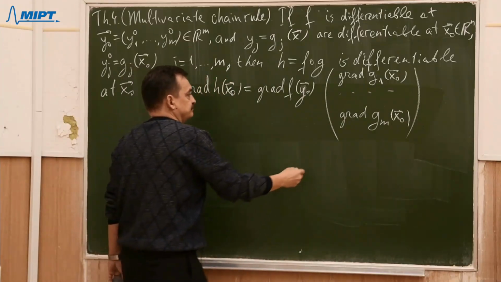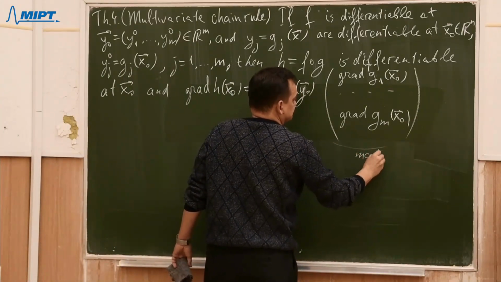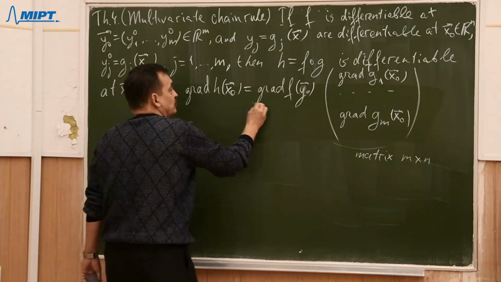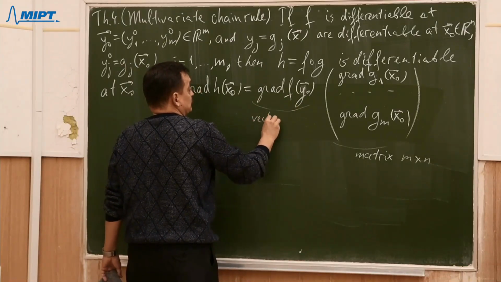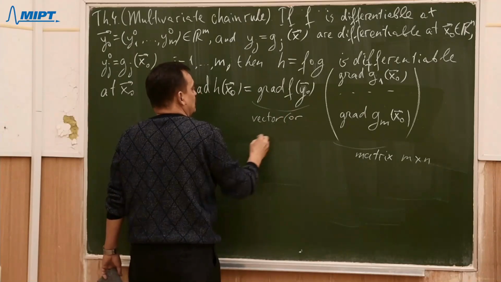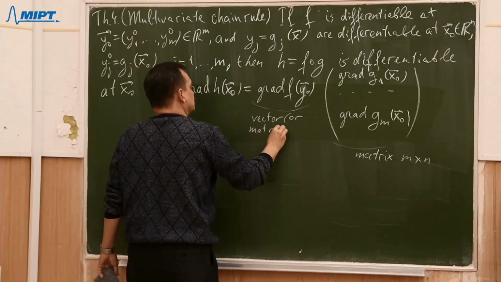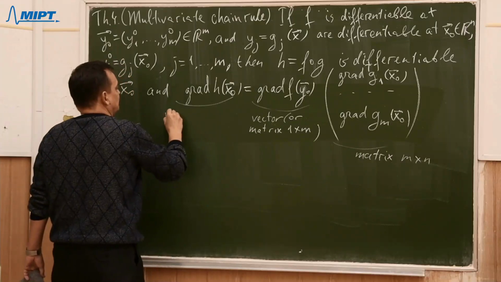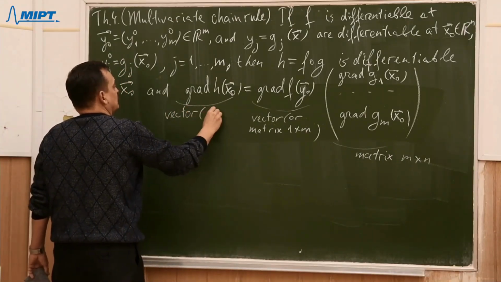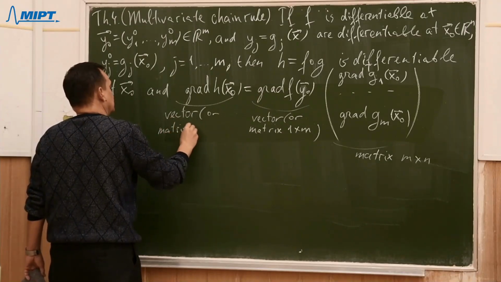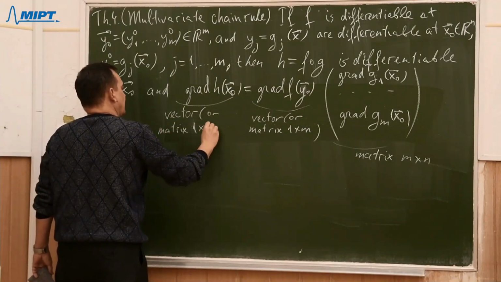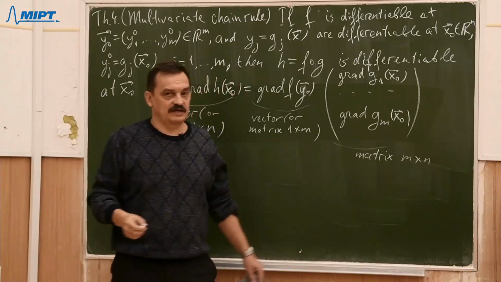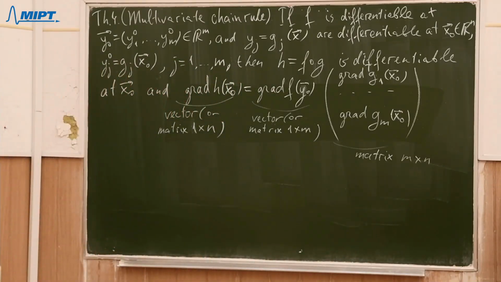That is a matrix m times n. Here we have a vector or matrix 1 times m, and here we have a vector or matrix 1 times n. So according to matrix multiplication, we have this possibility to multiply matrices.